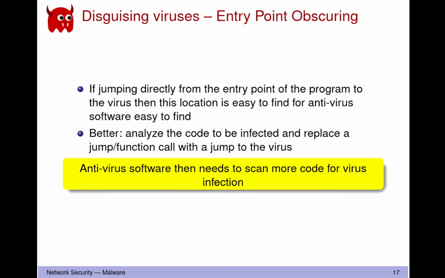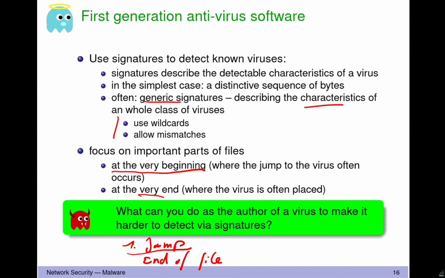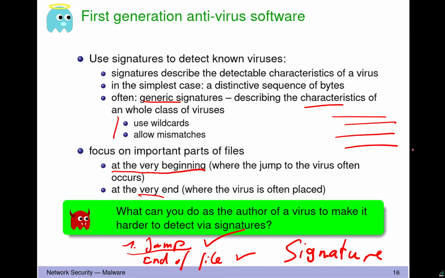Okay, so this was, let's say, the first element where we identified based on the jump. We're coming back, so that was what the virus producers could improve. End of file, but also what the antivirus software is looking for are the signatures, as we had in the example: specific patterns of these executable lines.